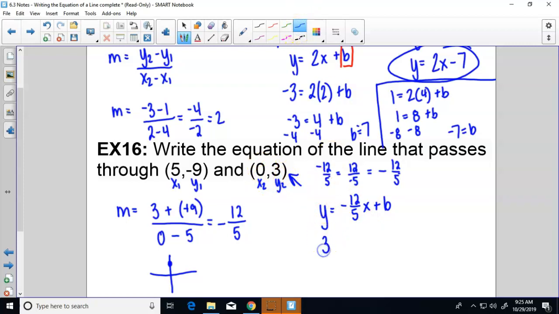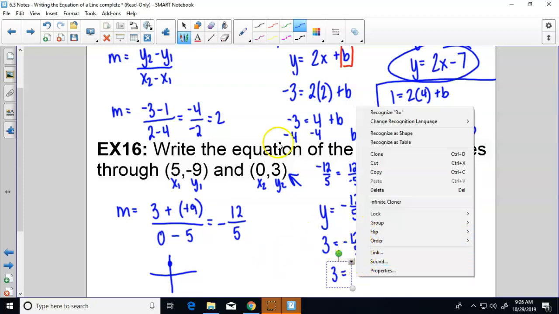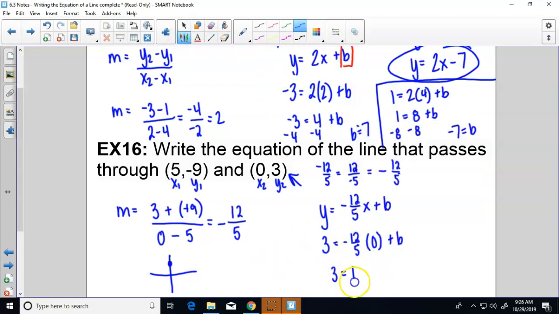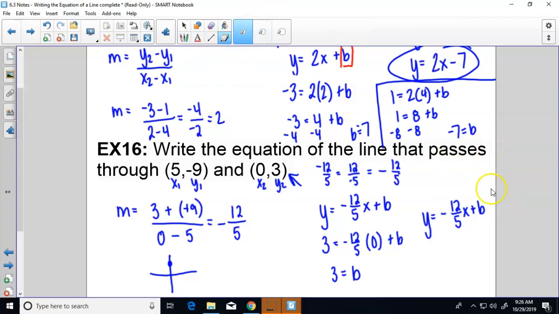So you got 3 equals negative 12 over 5 times 0 plus b, so you're just going to get 3 for your b because you'll have a 0 there. So our answer for this one is y equals negative 12 over 5 x plus b. Oh, don't leave the b there. What am I doing? Plus 3.